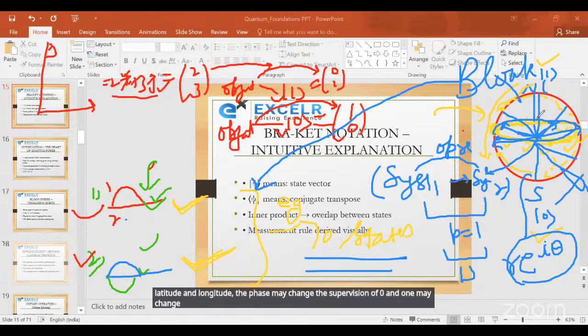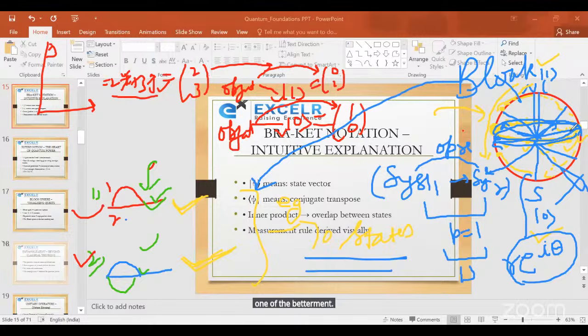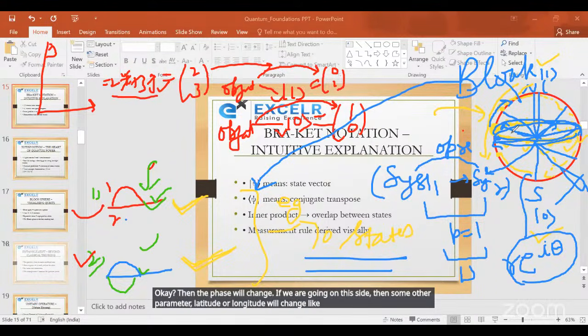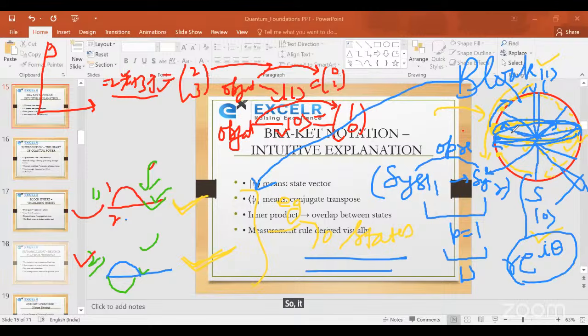If the superposition of 0 and 1 is not changing, it means we are not changing one of the parameters, then the phase will change. If we go in this direction, some other parameter, latitude or longitude, will change. Overall, there is no better way to represent this than a Bloch sphere.